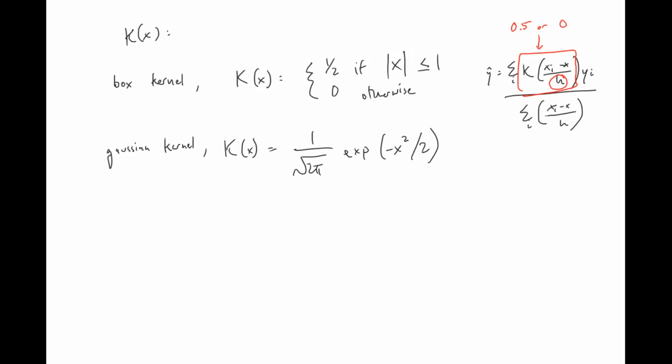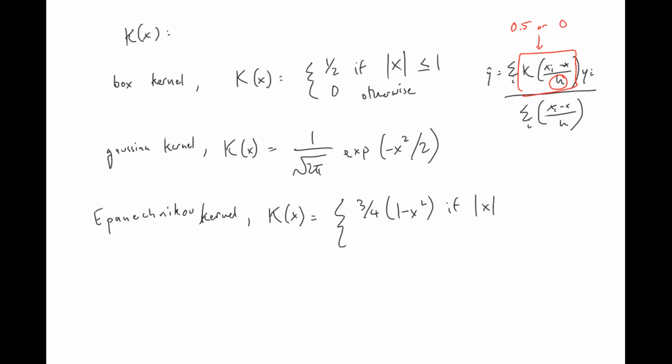And the last one, I'm not going to try and pronounce this, but this kernel is something like this. 3/4 times 1 minus x squared if the absolute value of x is less than 1, or 0 otherwise.